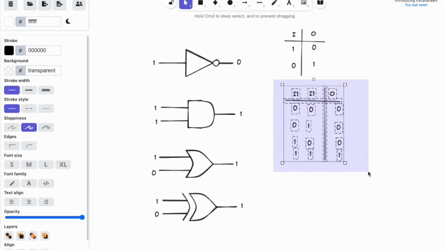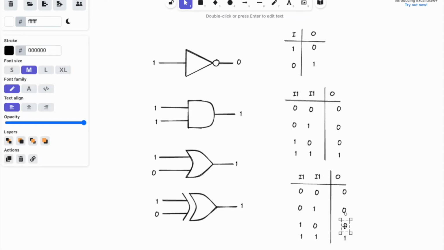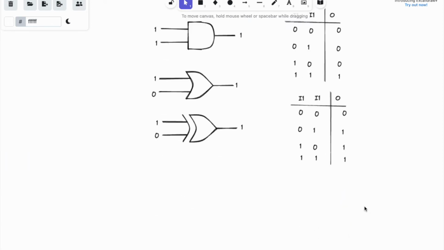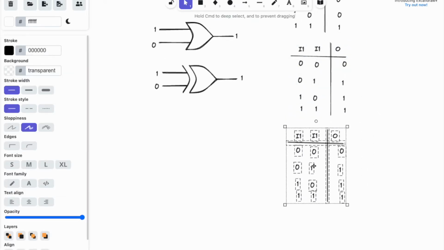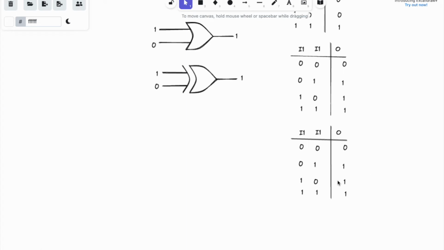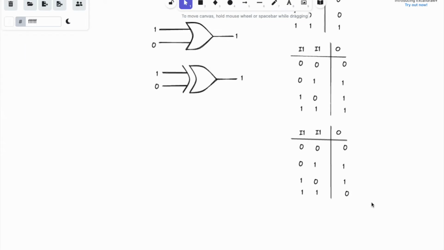For the OR gate, the output will be 1 if either of the inputs are 1 or both the inputs are 1. And last but not least, for the exclusive OR gate, the output is 1 if either of the inputs are 1, but not both. If both are 1, then we emit a 0.